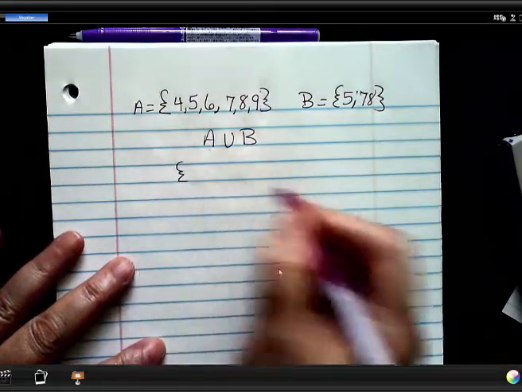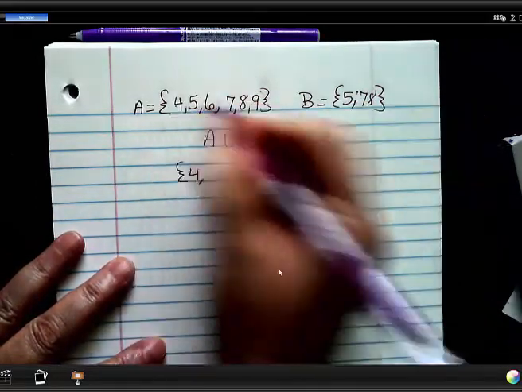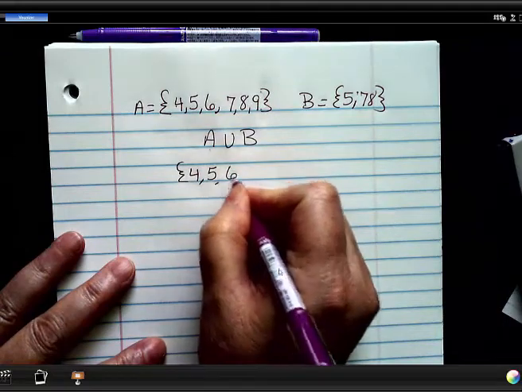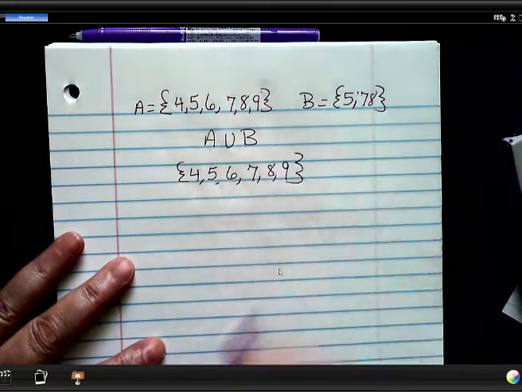So I want all of it. Now, you don't have to write the 5 twice. You have a 1, 4, a 5, a 6, a 7, an 8, a 9.